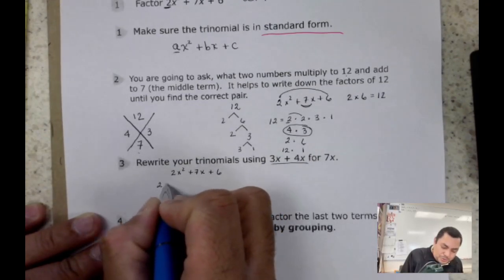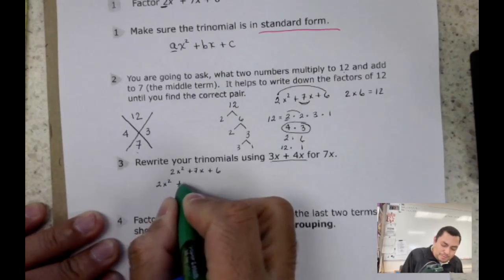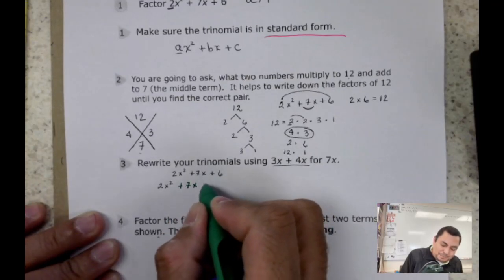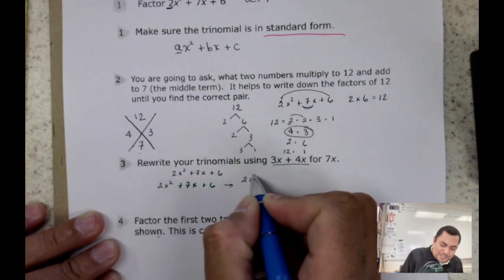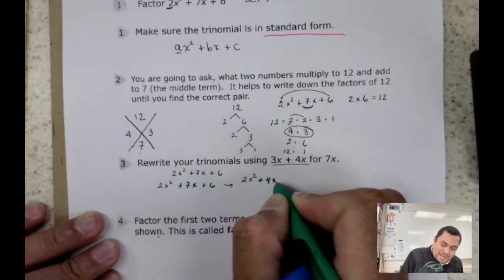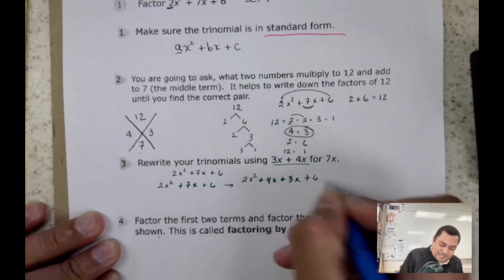So I have 2x squared, plus 7x, plus 6, and then what I did was 2x squared plus 4x plus 3x plus 6.